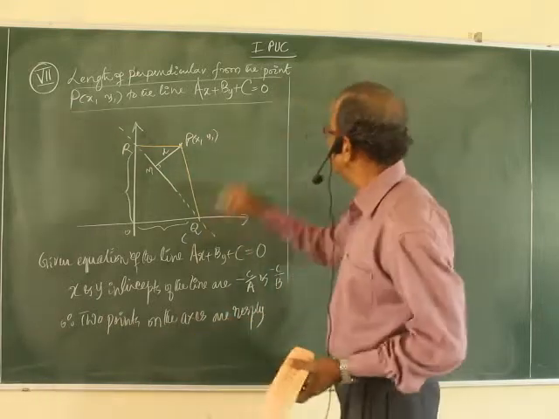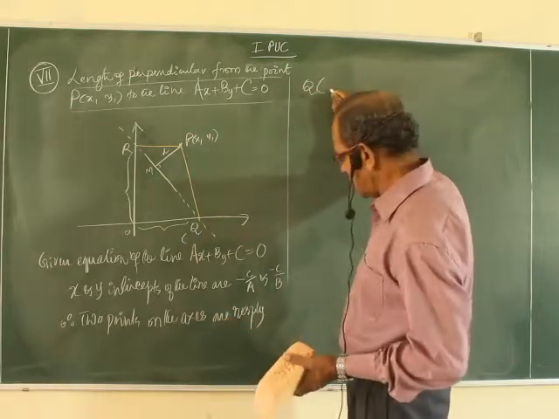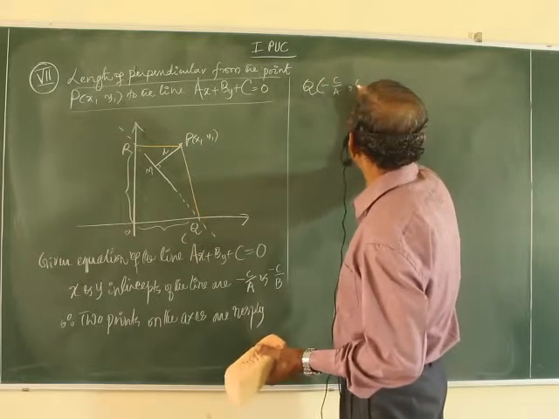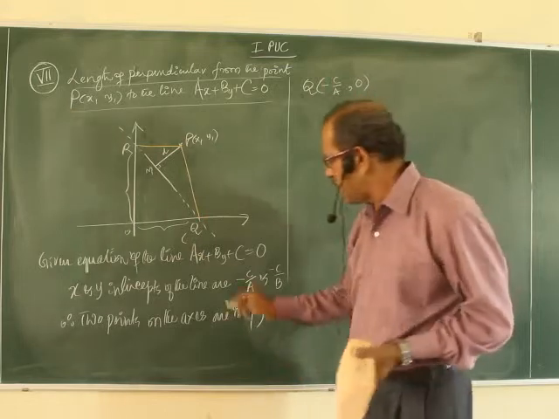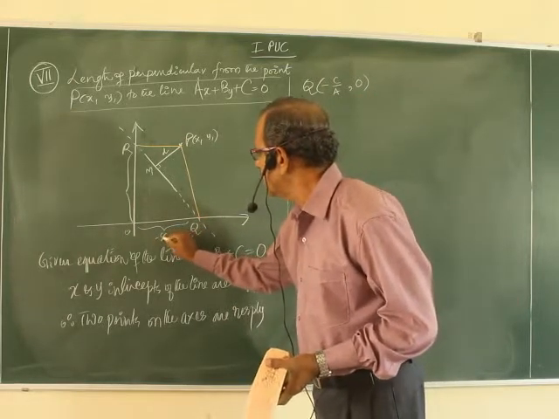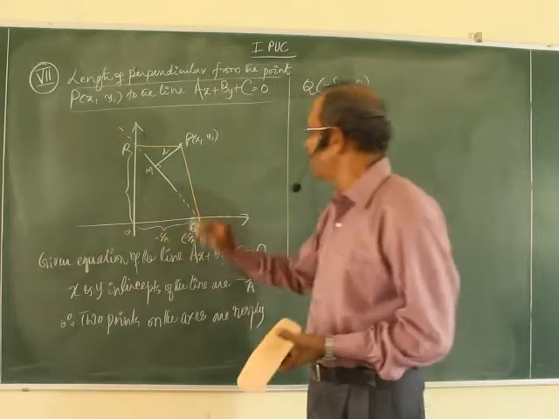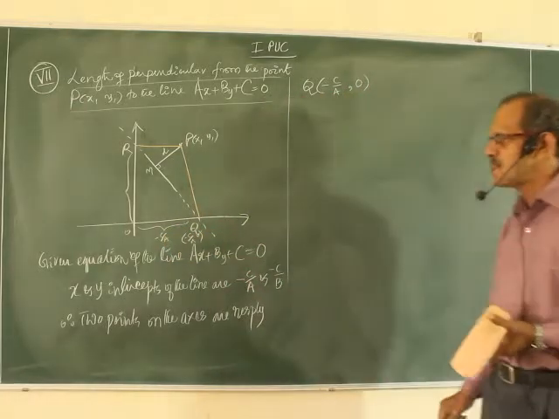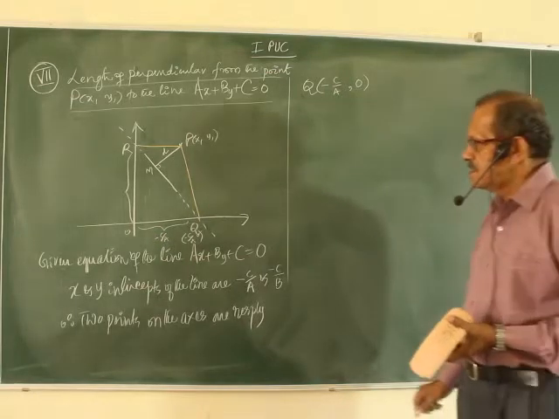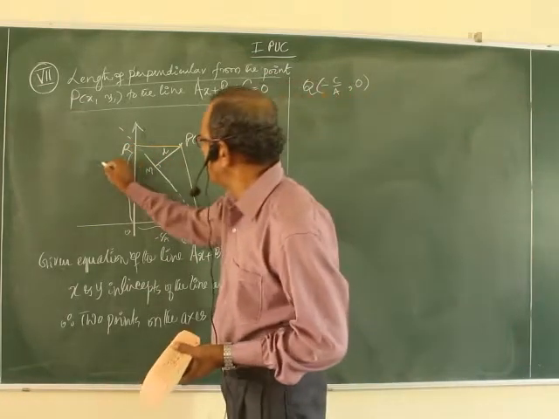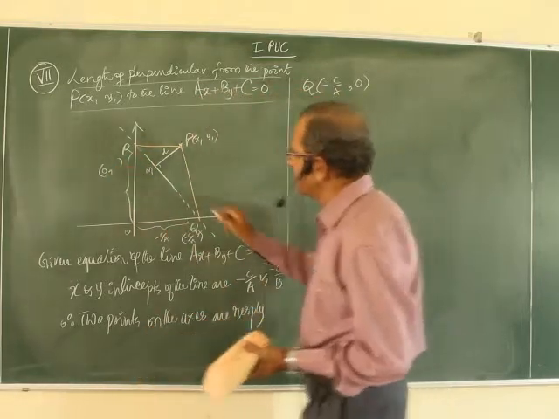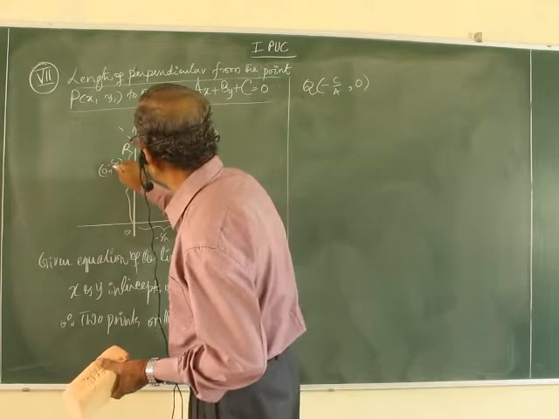First let me write Q. X coordinate is x-intercept minus c by a, y coordinate is 0. So this point is minus c by a, y coordinate 0. Similarly, this point, x coordinate 0, y coordinate minus c by b.